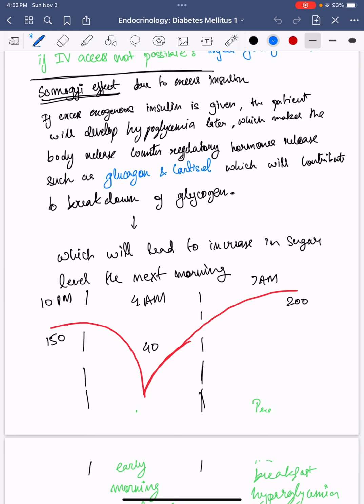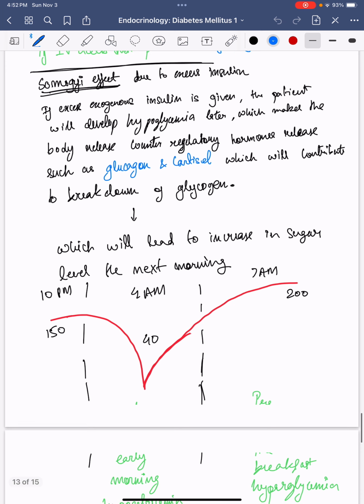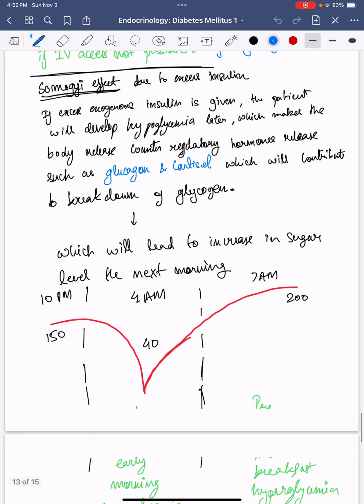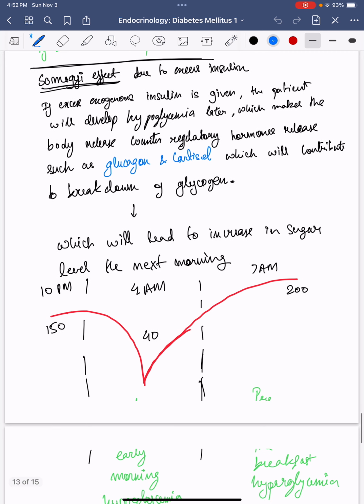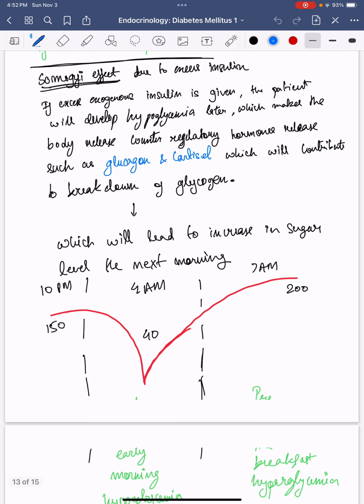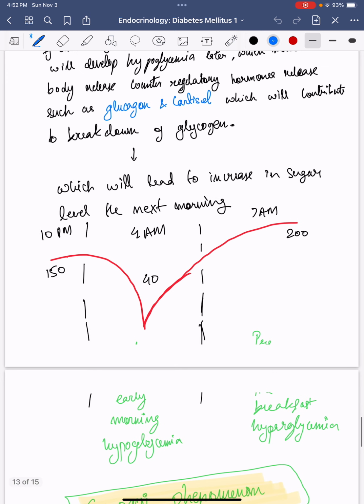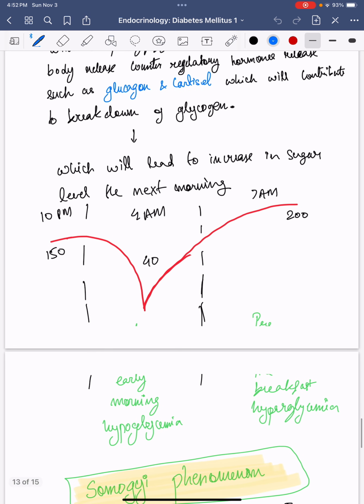Somogyi effect is due to excess insulin. If exogenous insulin is given, the patient will develop hypoglycemia later, which makes the body release counter regulatory hormones such as glucagon and cortisol, which will contribute to breakdown of glycogen, which will lead to increase in blood sugar levels the next morning.